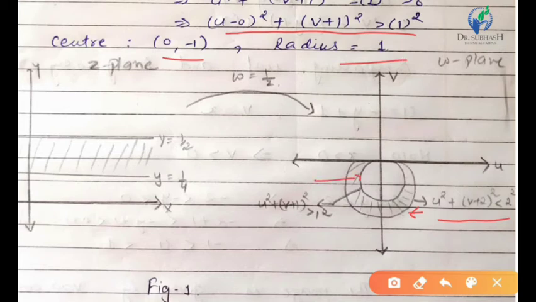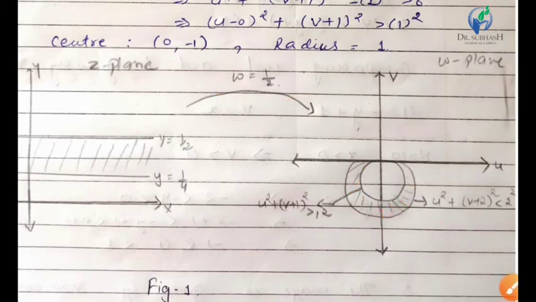Our condition is that it lies between these two circles. So the space between these two is our required image. We have transformed using w equal to 1 by z, which is given to us. Using this transformation, we have transformed an infinite strip into a circle. So the image of this infinite strip we obtained is a circle.